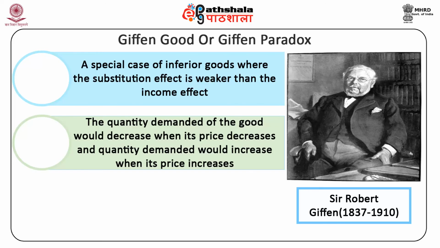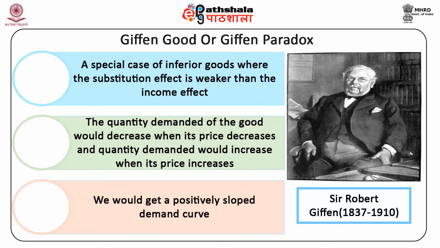In this special case, we will get a positively sloped demand curve, and such an inferior good is referred to as a Giffen good or Giffen paradox, named after the British economist and statistician Robert Giffen. You should note that all Giffen goods are inferior goods, but not all inferior goods are Giffen goods.